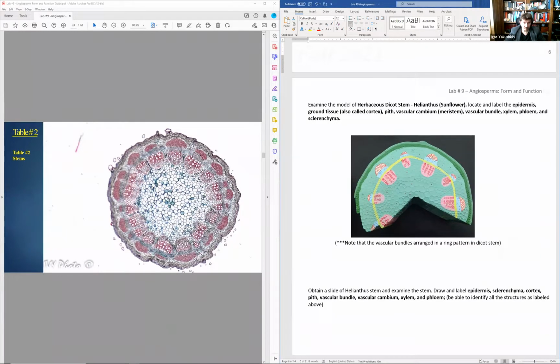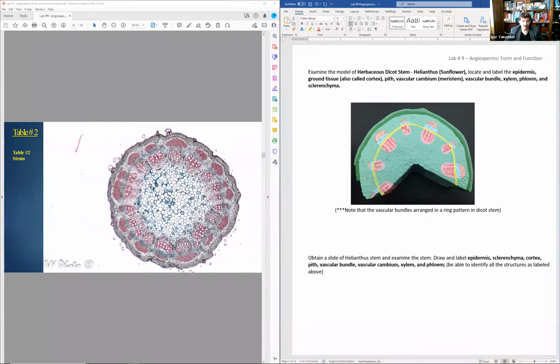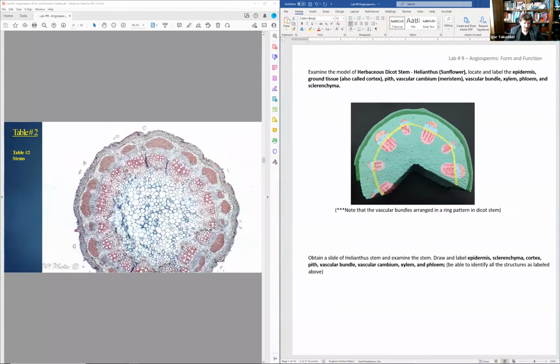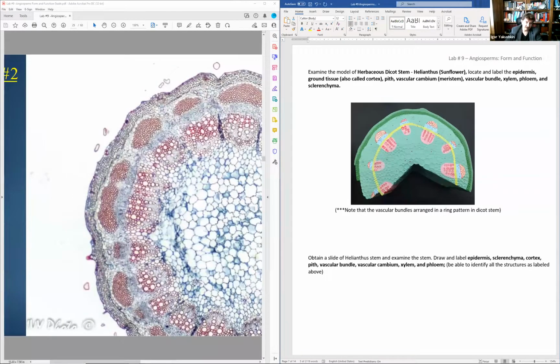The middle part, the bluish part, is the pith. And of course, you can see the epidermis and then the cortex. Now, if you see something like that, you can see the vascular bundles arranged in a very specific ring format. That's a dicot.